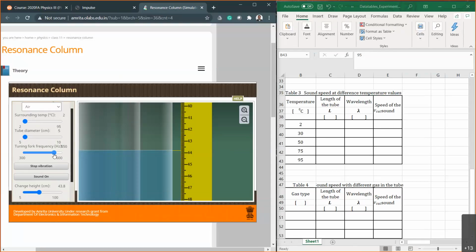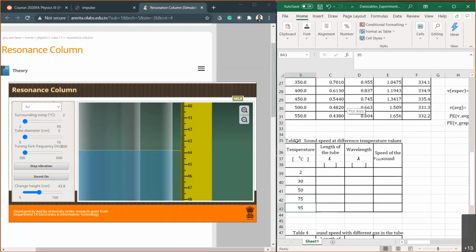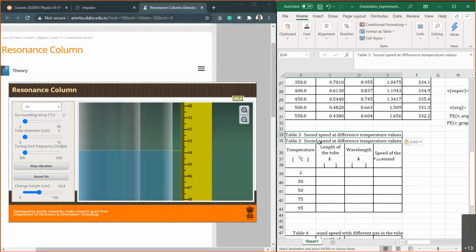Then for the resonance, maybe we can go back to 300 frequency. Let's write down that information too, because we actually need it when we do the calculation, right? We do it in medium air, and the tube diameter doesn't matter, we're not going to change that at all.